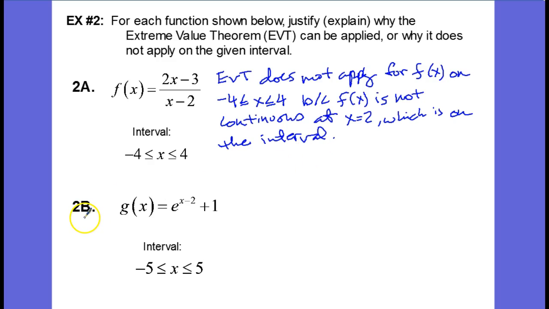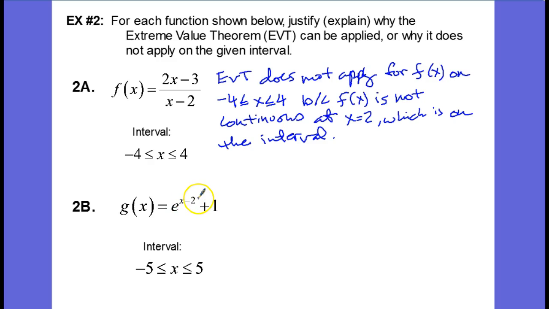Let's take a look at example 2b. So here we have g of x is equal to e to the x minus 2 plus 1. And again, we're on the closed interval from -5 to +5. So are there any values of x that could cause this function to be undefined? Looking at this, we're taking e and raising it to a power.